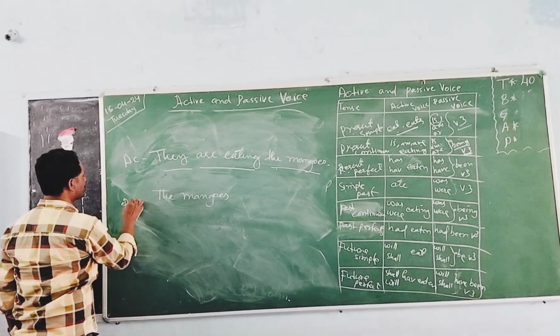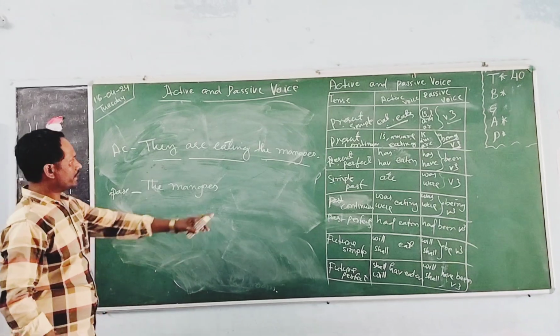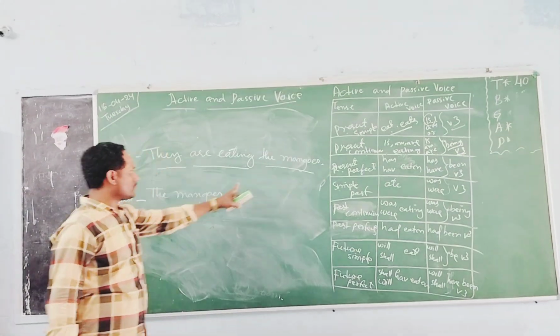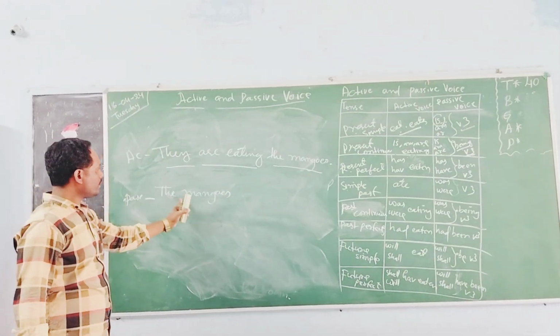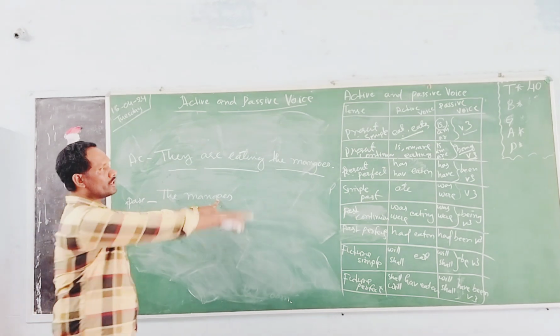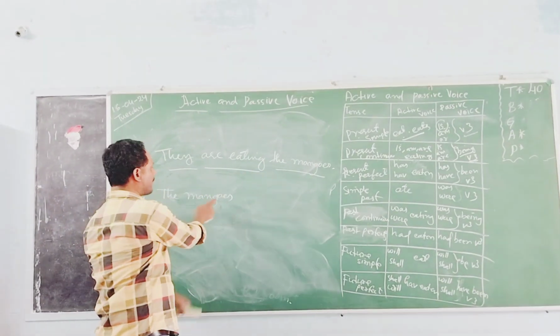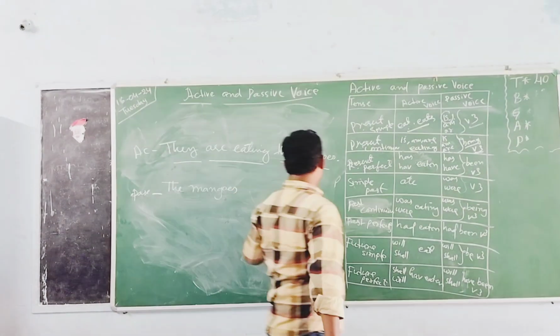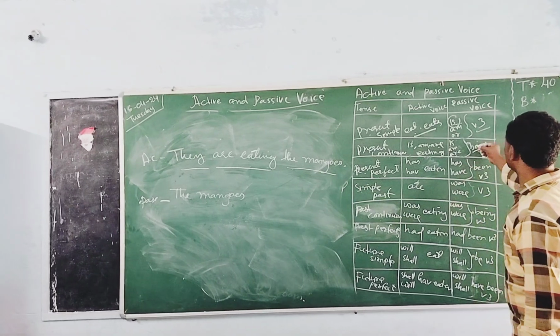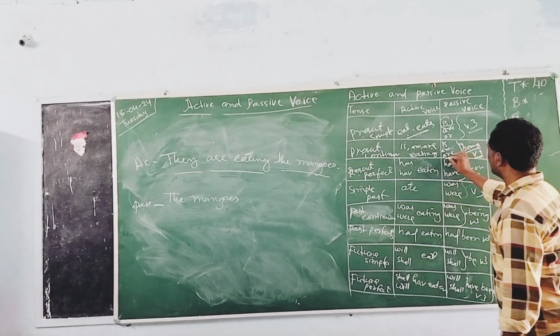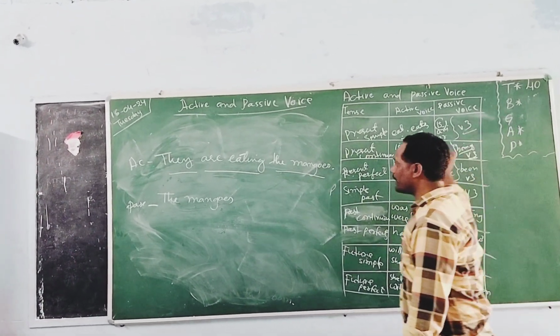This we are doing in passive voice. So take the object into the subject place. Then the mangoes. Now let us go to the table. The mangoes, singular or plural? The mangoes are plural. So we have to take a plural helping verb. What is the plural helping verb? Are. So we have to take are.